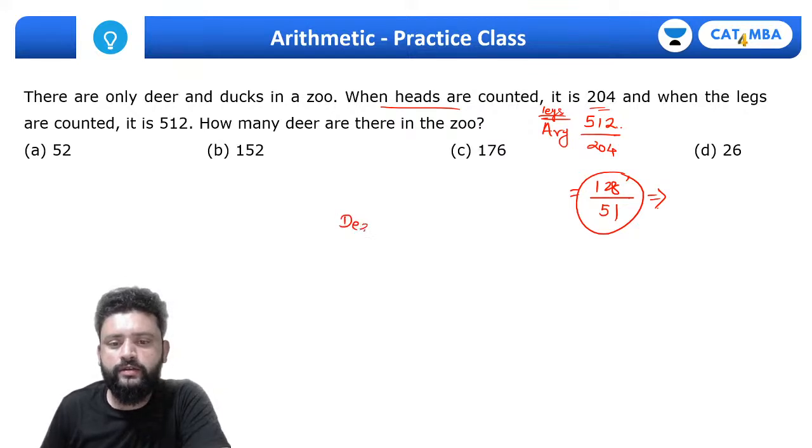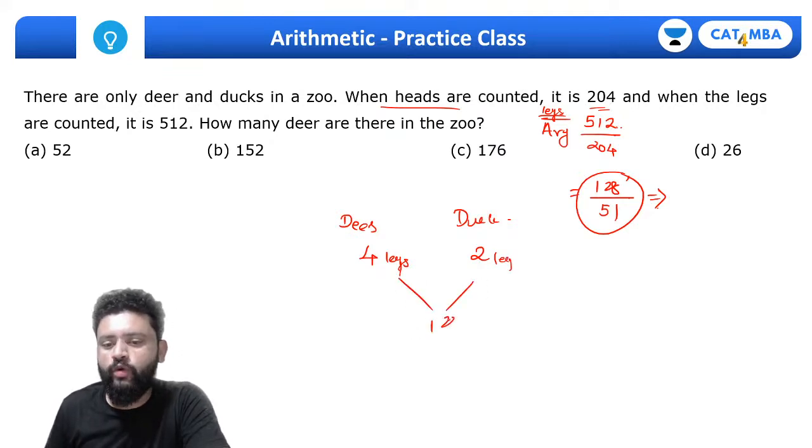So deer and ducks. For deer, there are 4 legs, and for duck, 2, and the average number of legs will come to 128 by 51.